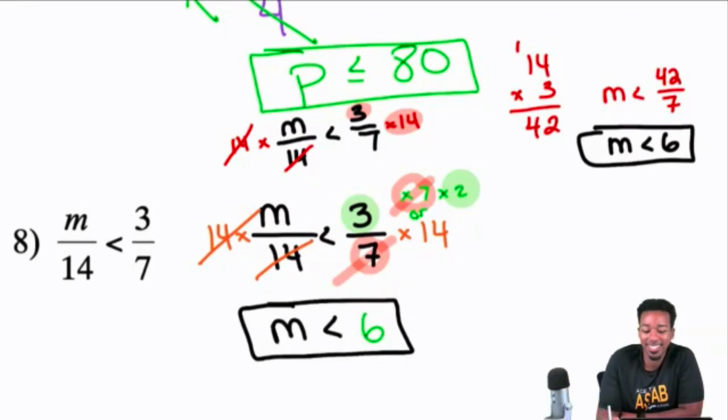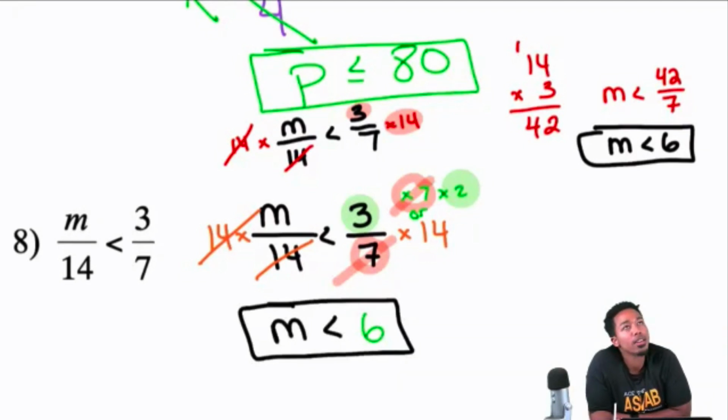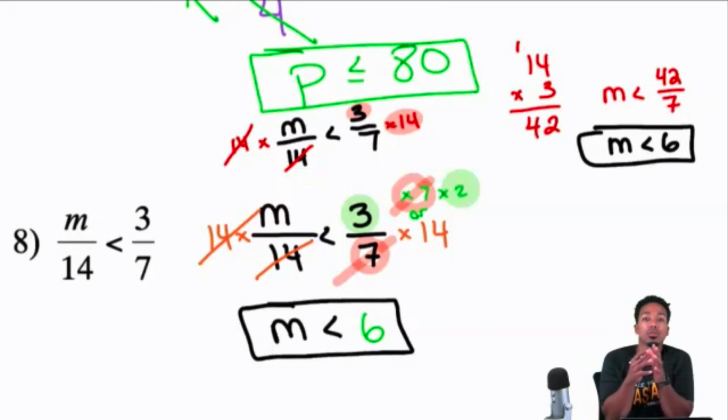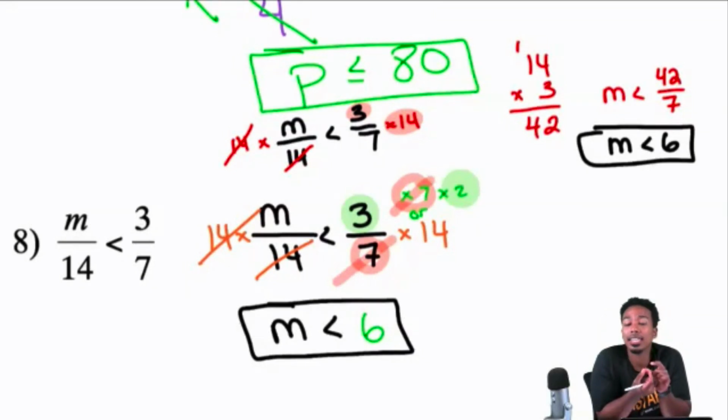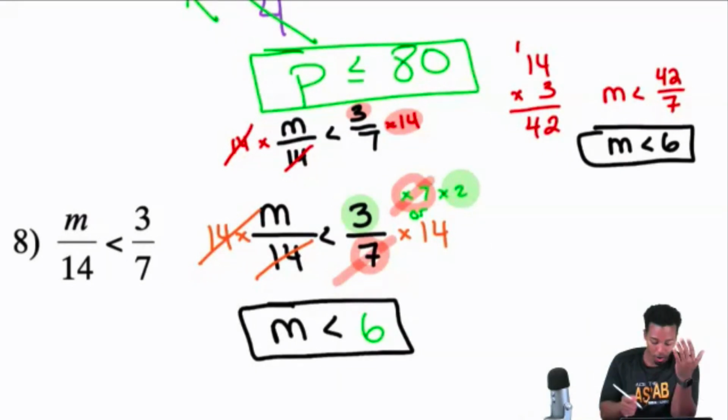Perfect. Yeah, I just want to know when to divide or to multiply. Great question. What we want to do again is think about the opposite operation. Right here, do you notice how it says m divided by 14? So what we will do is the opposite.